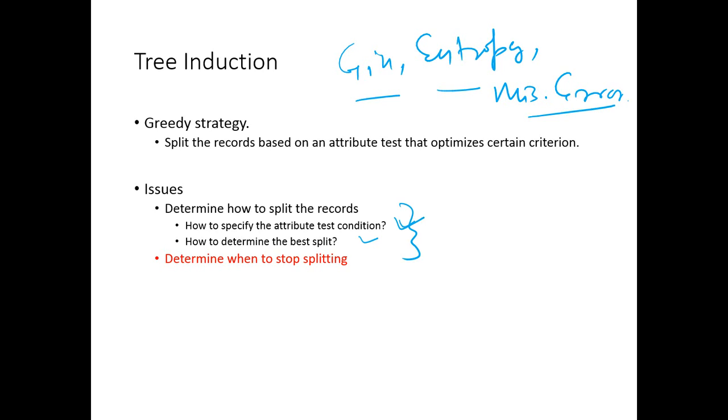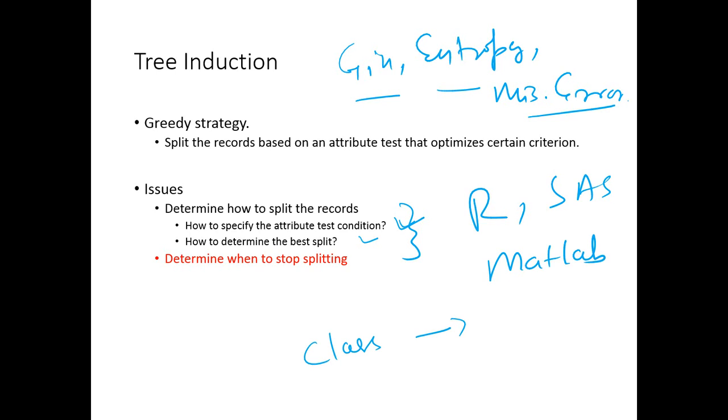Of course, nowadays you don't have to do all these things because the computer does it for you. If you're using R, SAS or MATLAB, you don't have to calculate Gini, entropy and misclassification. It calculates them for you. All you need to do is give your class variable or target variable, and give attribute 1, attribute 2, attribute 3, and it's going to give you the final tree.